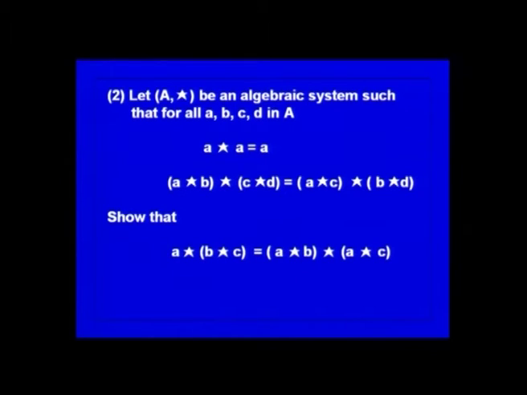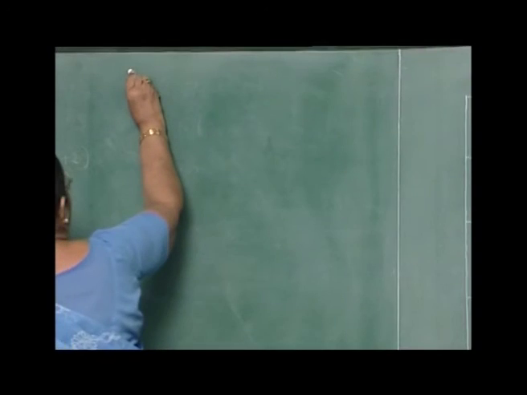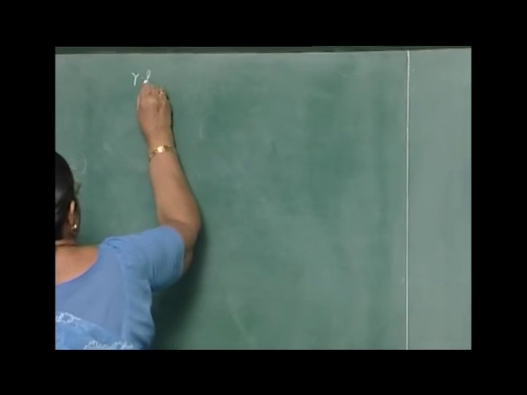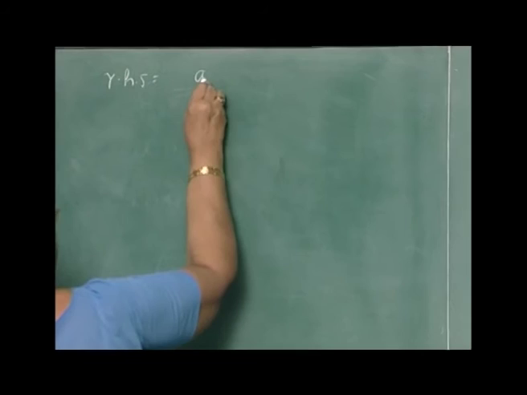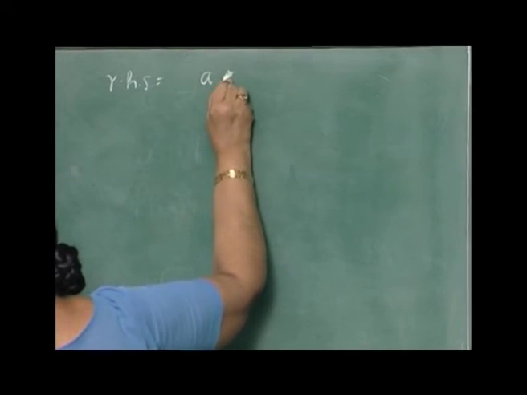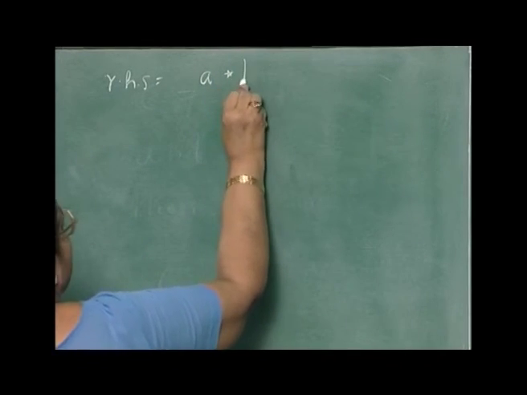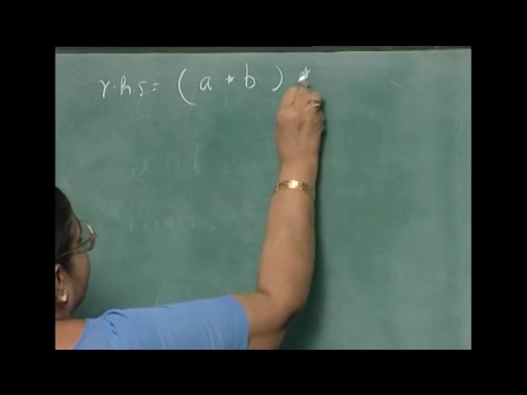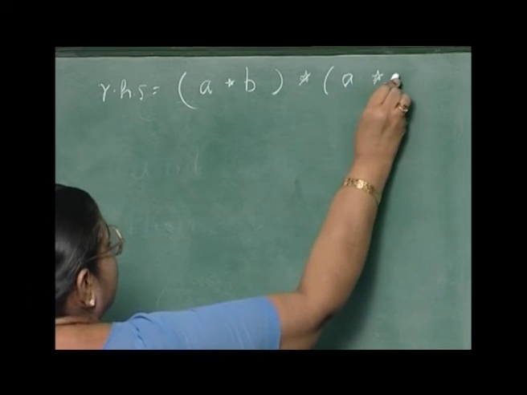Show that (a star b) star c is equal to (a star b) star (a star c). Let us take the right hand side of the result we want to prove. The right hand side is (a star b) star (a star c).